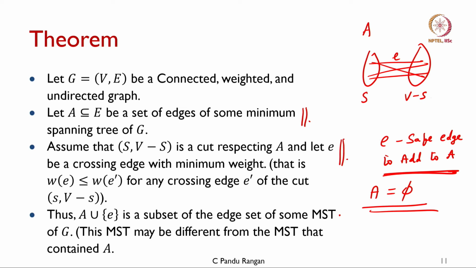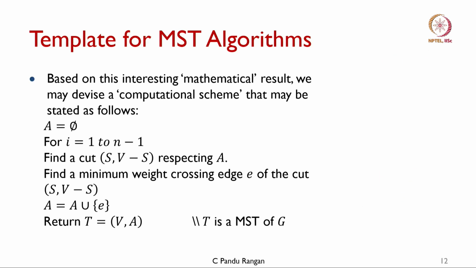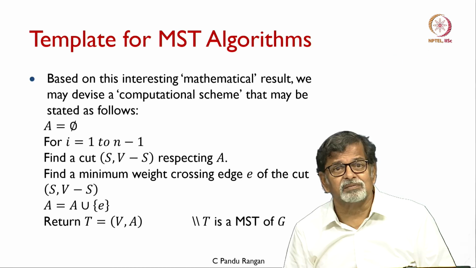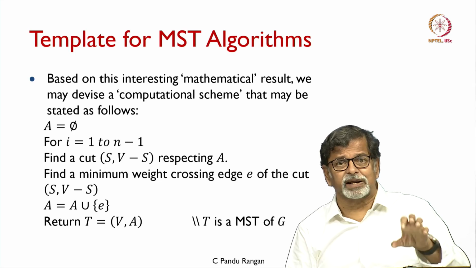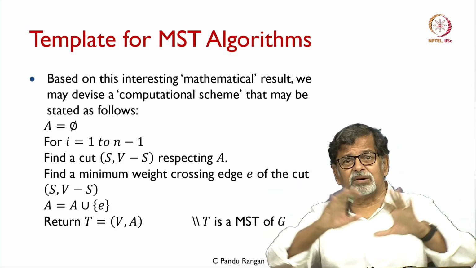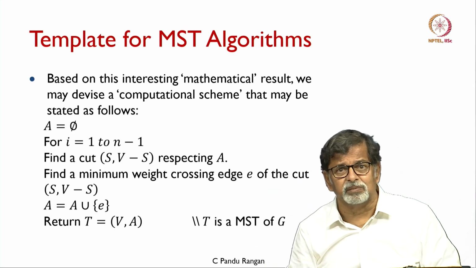If I could do that n minus 1 times, cardinality of A will be n minus 1 and this will be a minimum spanning tree. That is it, an algorithm is now possible. Therefore, this mathematical property is very important. Based on this mathematical property, here is the template, a model for all algorithms for minimum spanning tree.